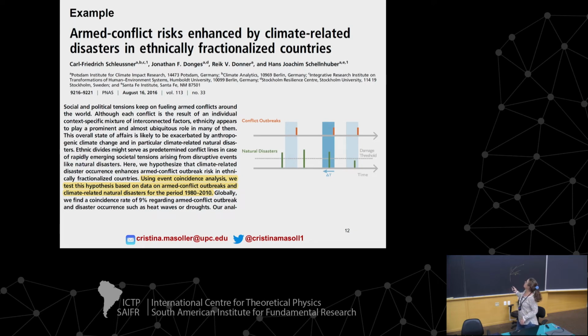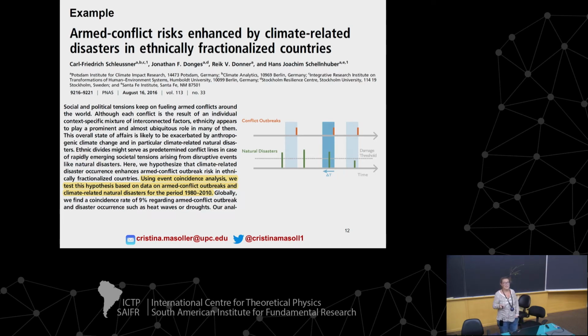So there are some conflicts and there are natural disasters, and you can see that maybe this one comes after this one, and this red comes after this green, and so on. So you, of course, have to use a threshold to define what is a climate disaster, what is not, and also see if you can find the reasons for conflict. So I think it's an interesting application.